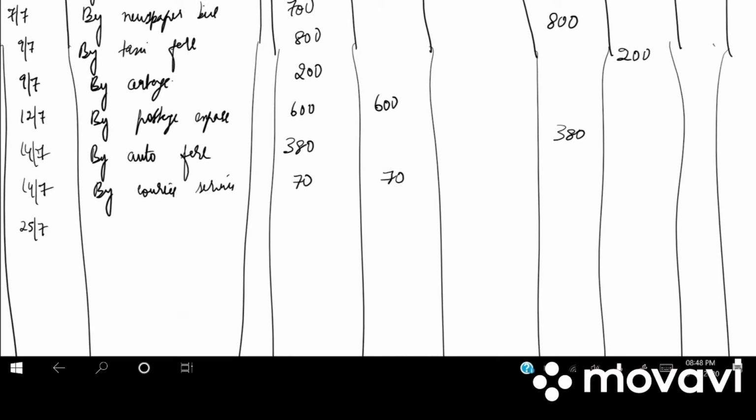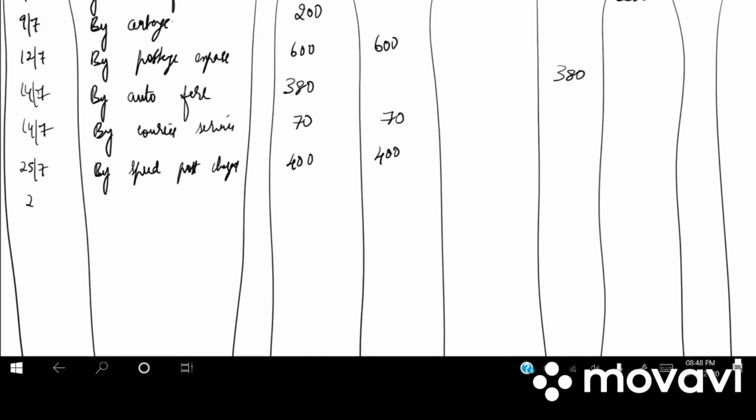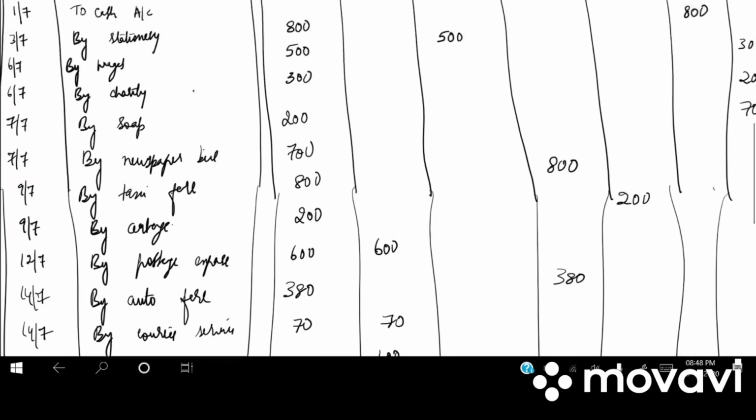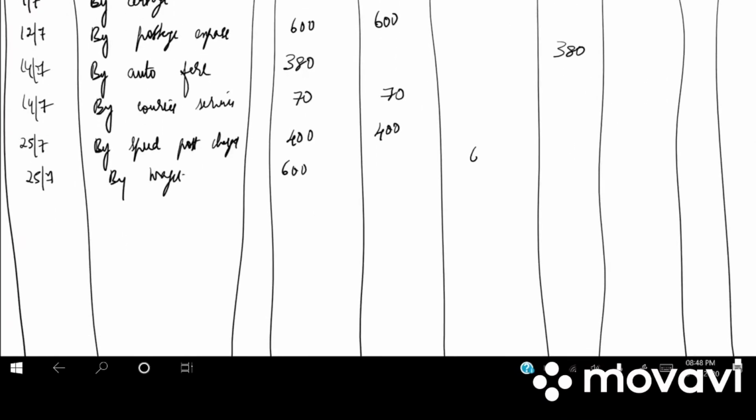Then 25th by speed post charges 400, under postage and courier 400. Then again on 25th we have by wages 600, under the wages column 600.